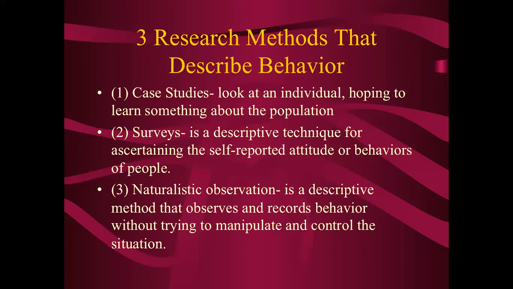Now, it's interesting that these 3 research methods allow us to do 4 different things. So observational research, you could describe. Correlational research, you can describe, but the new thing is you can predict. Experiments, you could do the previous 2, but the new things are determine cause and effect and explain behavior.